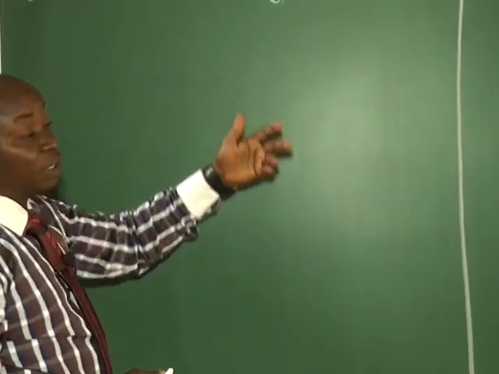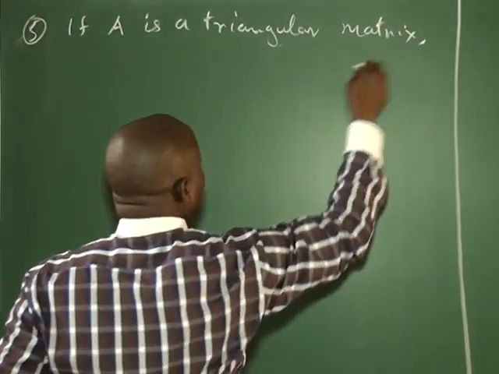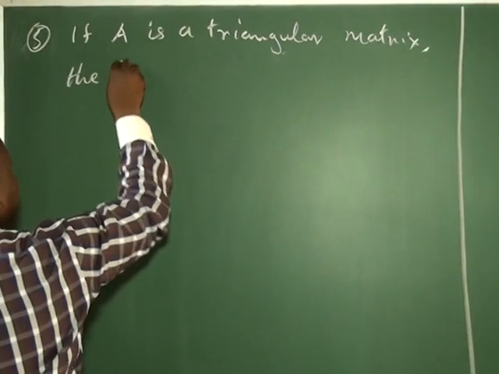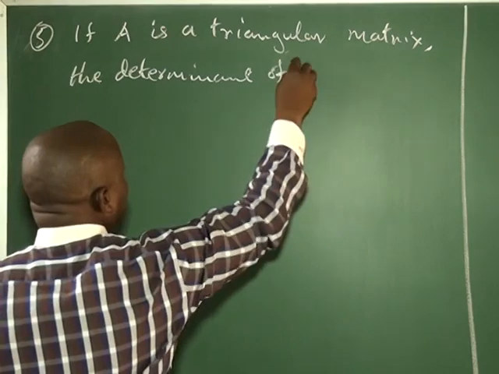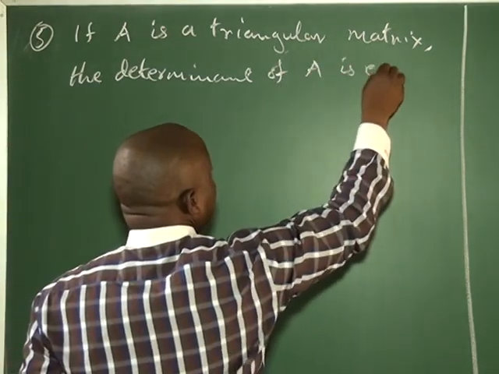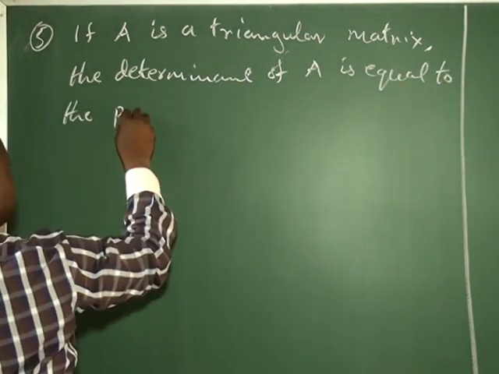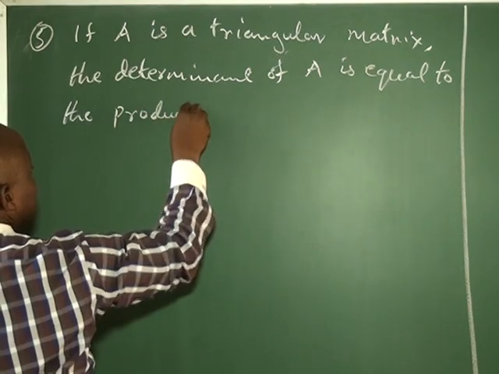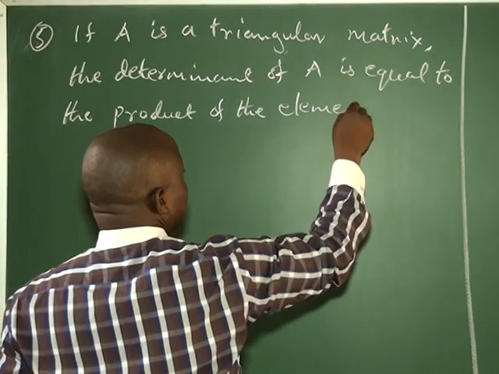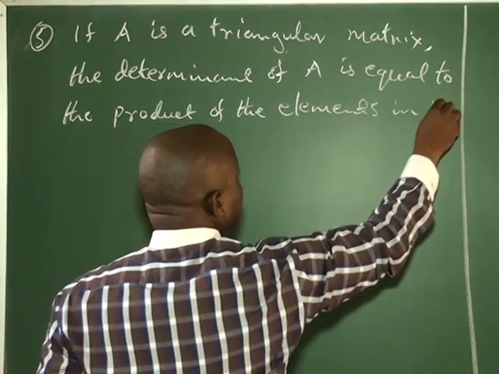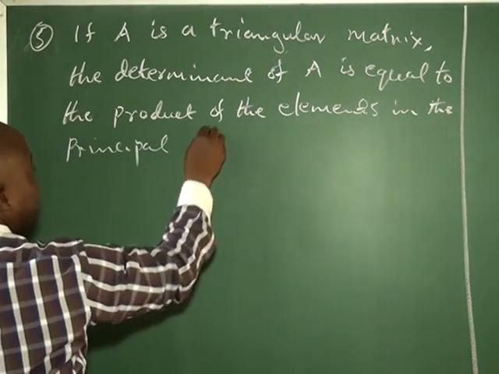Now, if A is a triangular matrix, either upper or lower, the determinant of matrix A is equal to the product of the elements in the principal diagonal.